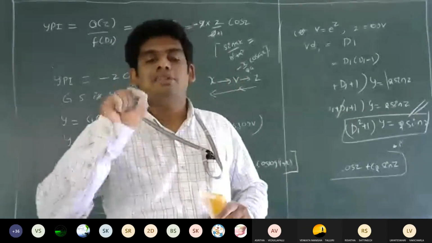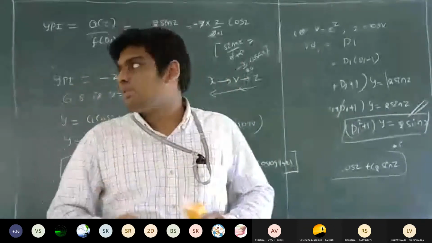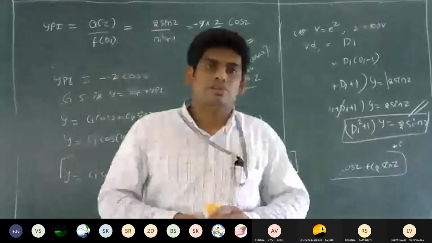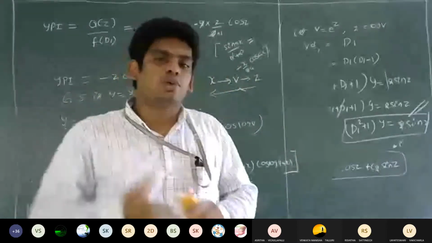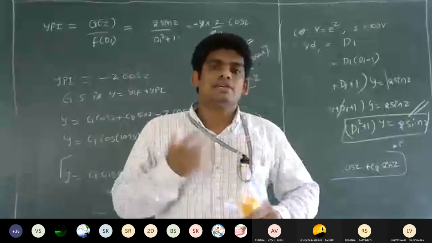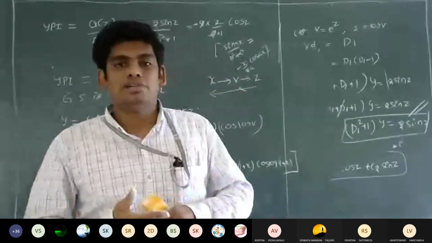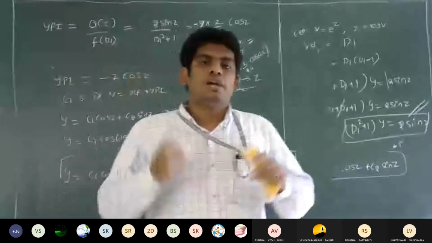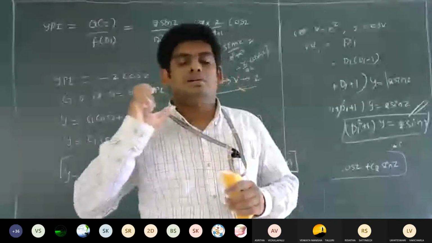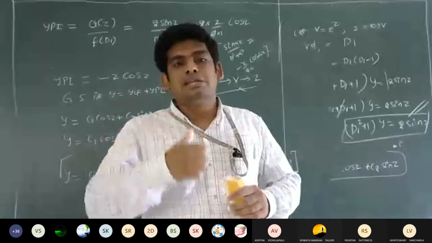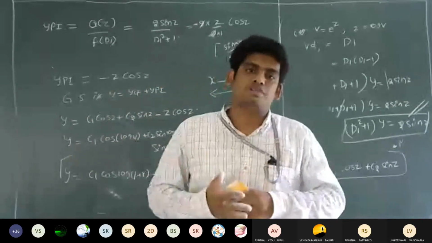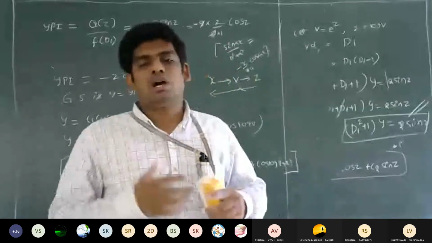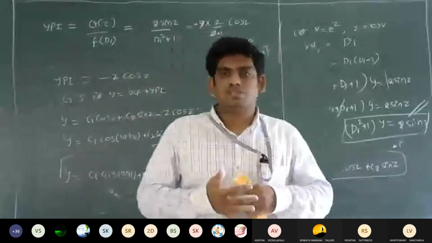So how do we change the independent variable by choosing a suitable transformation? That is v is equal to e power z. Automatically z is equal to log v. Therefore now the Cauchy-Euler type differential equation becomes a linear differential equation with constant coefficients. We already know how to solve linear differential equations with constant coefficients.